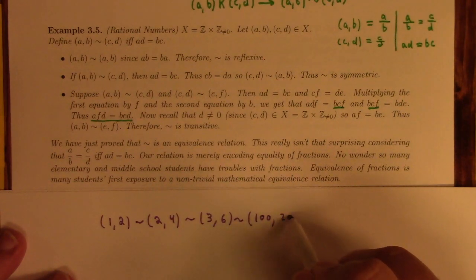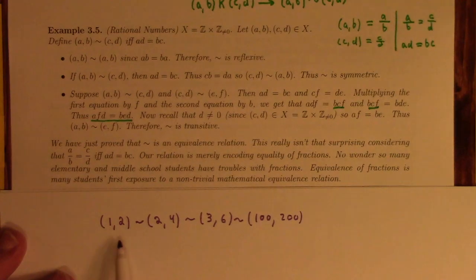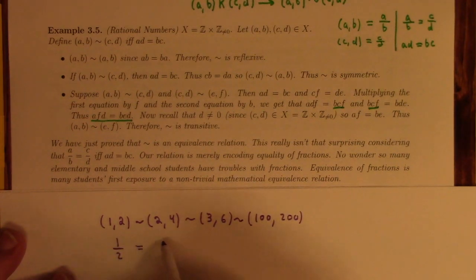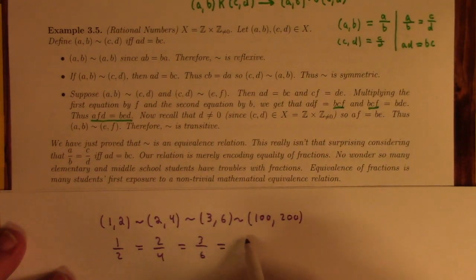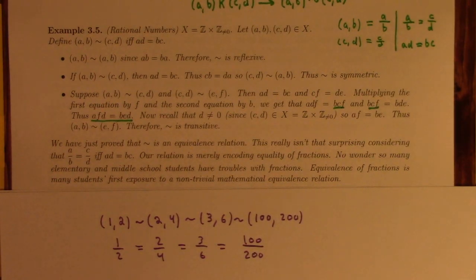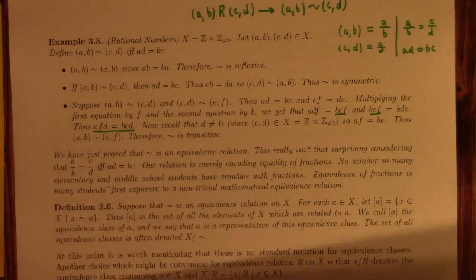These are all different versions of the fact that 1/2 is equal to 2/4 is equal to 3/6 is equal to 100 over 200. All of these different fractions represent the same rational number.